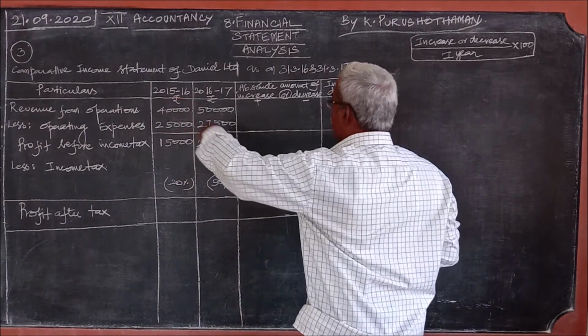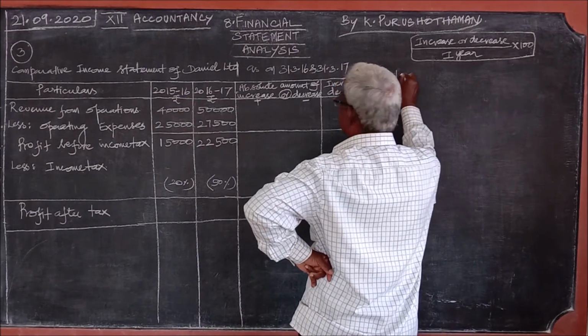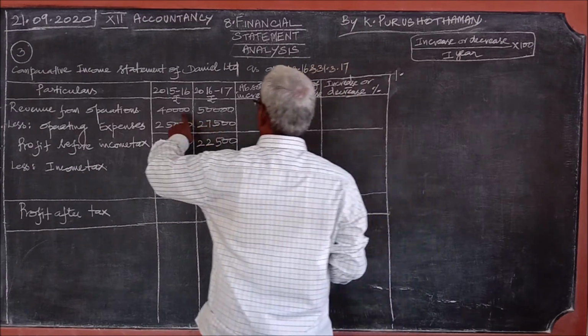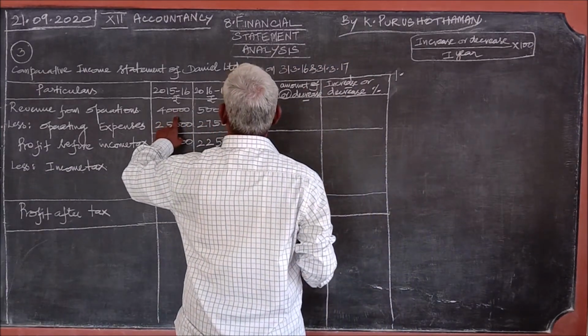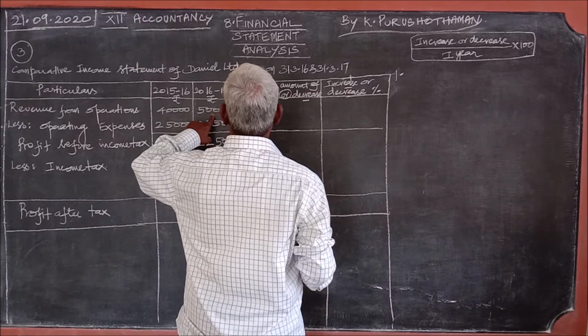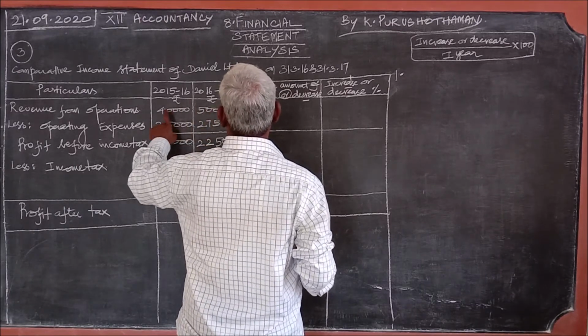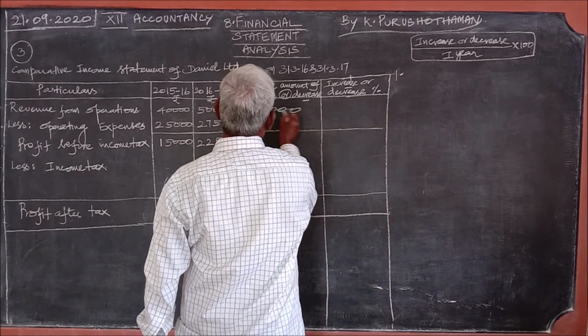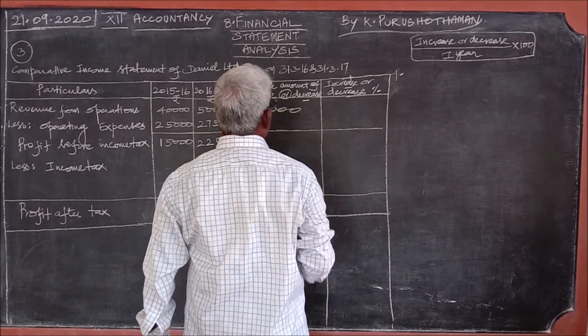So for the first item, revenue from operation, what is the increase or decrease? 40,000, second year 50,000, therefore 50 minus 40, 10,000 is the increase. So it is a plus.